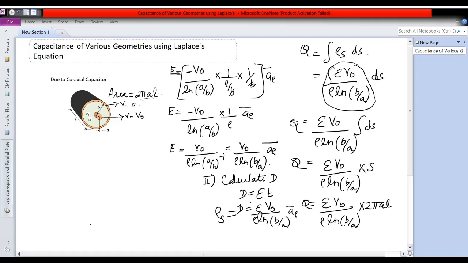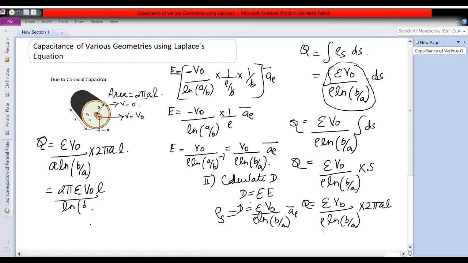So here I'm going to write Q is equal to epsilon V naught by, instead of this rho, I'm going to substitute A, into ln of B by A, into 2 pi A into L. So this will be equal to 2 pi epsilon V naught L by ln of B by A.